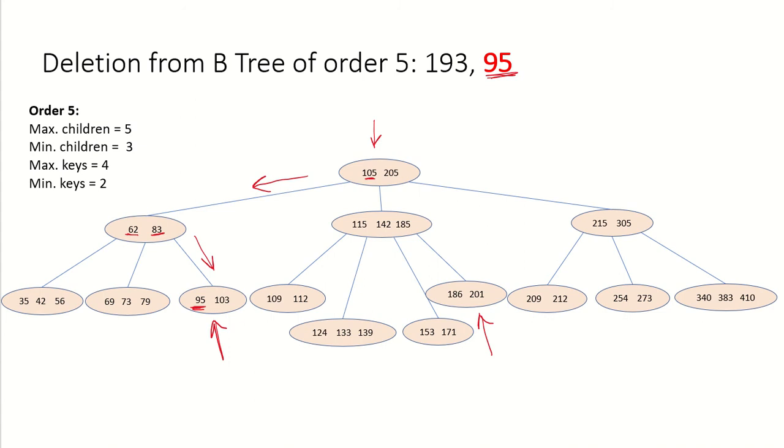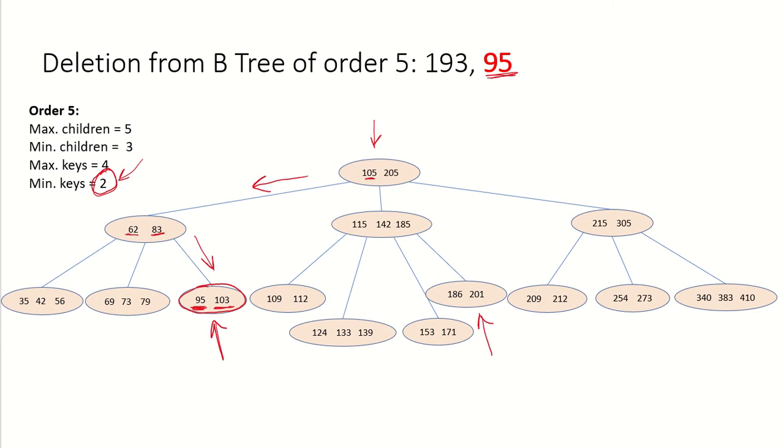But this node is having only 2 keys, which is the minimum number of keys. So if we delete 95 straight away, we will be violating this property of maintaining 2 keys. So then what can be done? If the node is having the minimum number of keys, that means this key cannot be deleted directly.